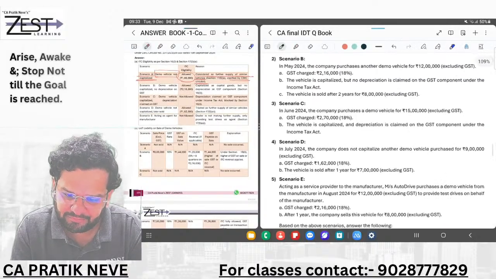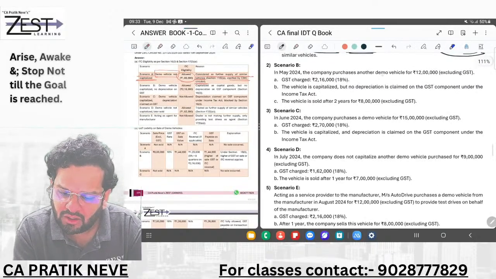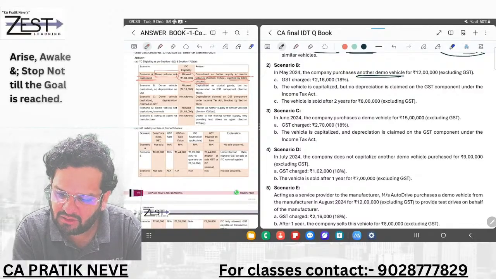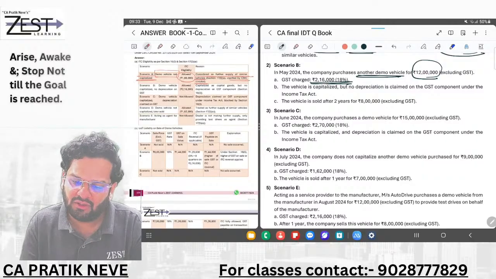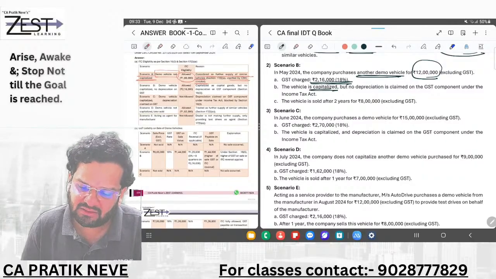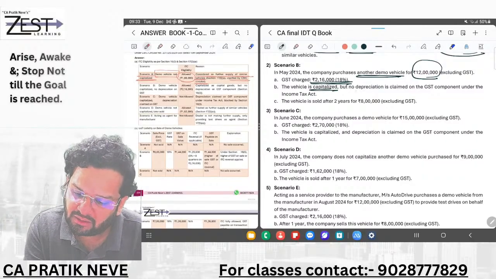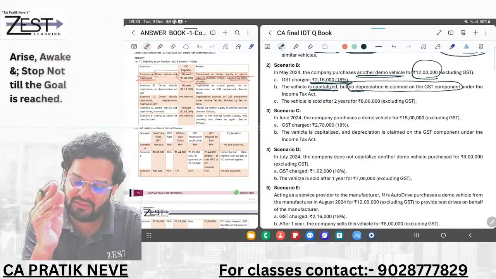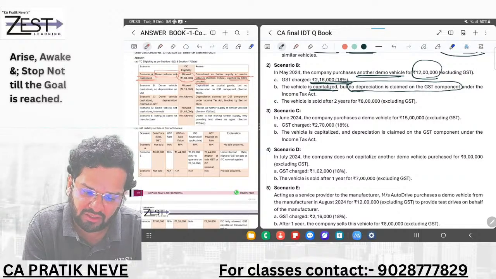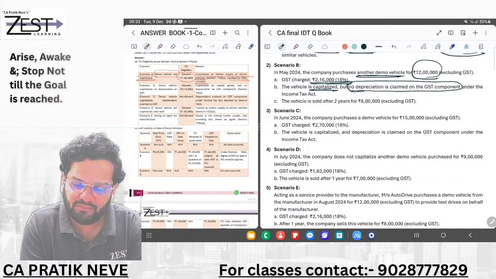Scenario B. In May 24, the company purchases another demo vehicle for 12 lakh on which GST is 2,16,000. The vehicle is capitalized. Congratulations. But no depreciation is claimed on the GST component. That is a very nice thing, that you have not claimed depreciation on the GST component.